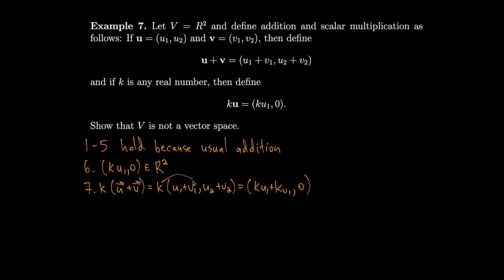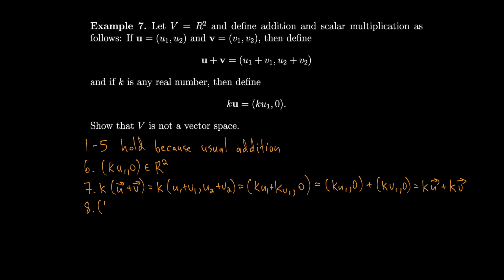When we move in the scalar, this guy gets zeroed out because of the definition they gave us. So then we can split that using addition as ku1, 0 plus kv1, 0, which is in fact ku plus kv. Okay, so 7 works.